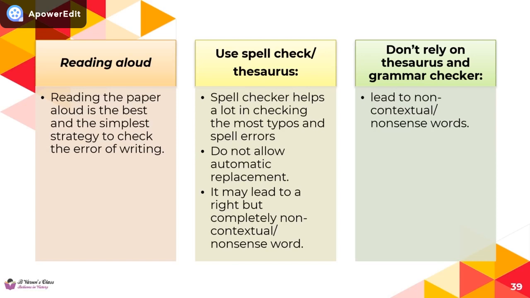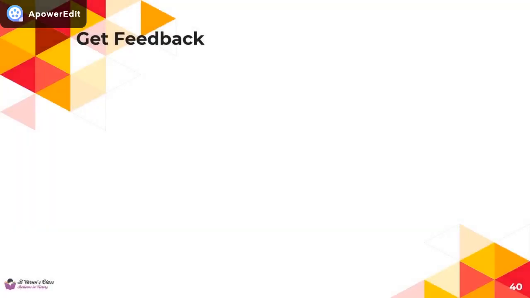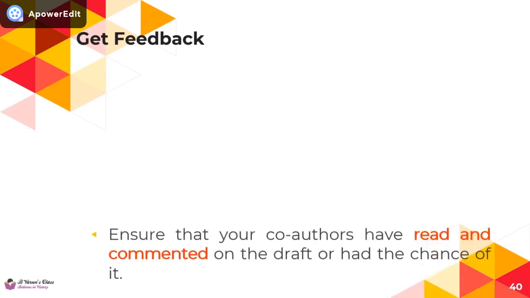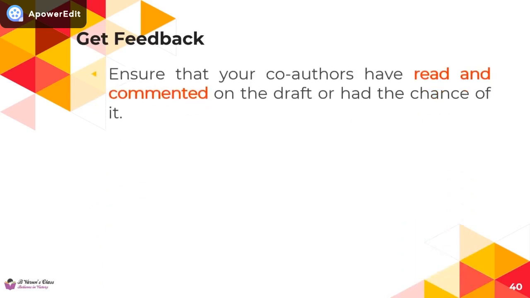After completing everything, get feedback from the co-authors or from the supervisor. Get feedback on your manuscript and then revise the manuscript once again. You must get the feedback to improve your article. Ensure that your co-authors have read and commented on the draft or had a chance to.